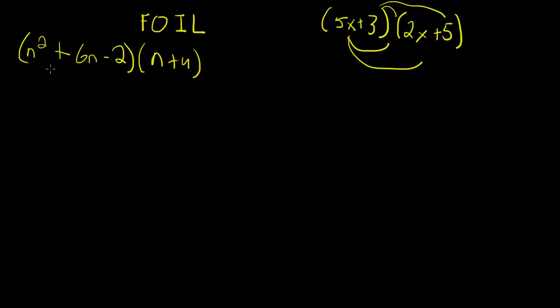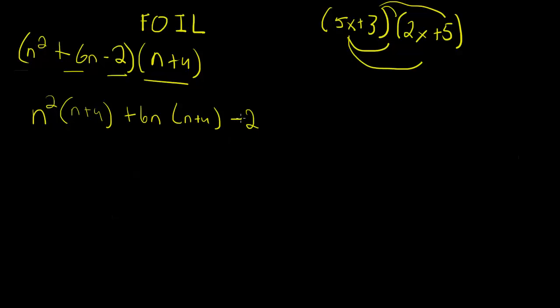So if we're going to multiply these, let's multiply each term by this entire thing. So we end up with n squared multiplied by n plus 4 plus 6n multiplied by n plus 4 minus 2, or actually you could say plus a negative 2 multiplied by n plus 4.